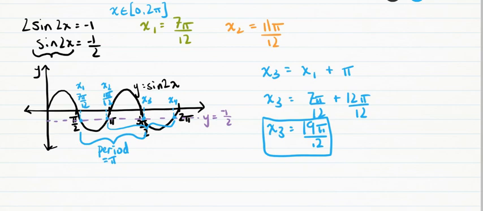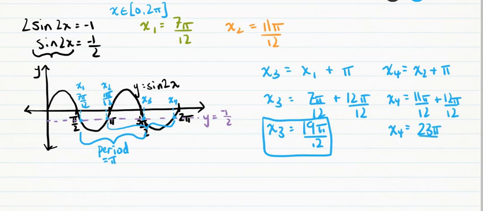So if we take the solution that we had for x2 and add the period of pi, that will give us x4. So x4 will be 11 pi over 12 plus pi, which can also be written as 12 pi over 12. And that gives us that x4 is equal to 23 pi over 12, which is in fact just a little bit less than 2 pi, and that makes sense based on the graph that we've drawn here.